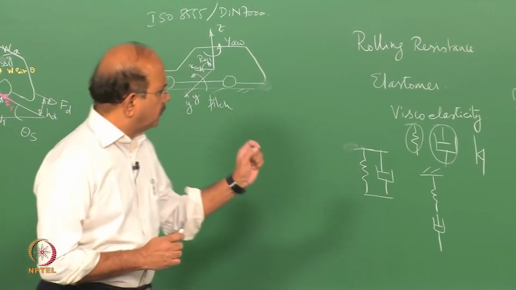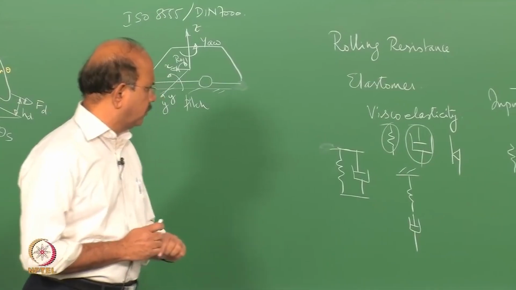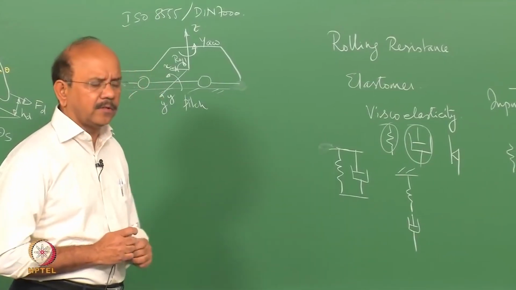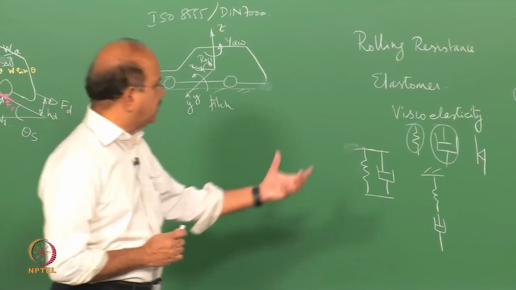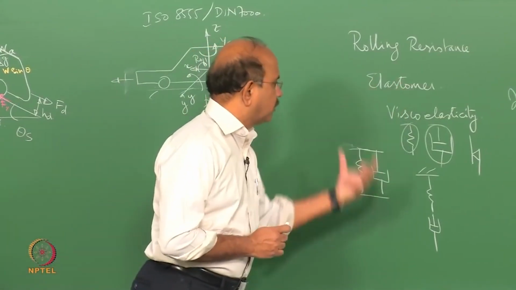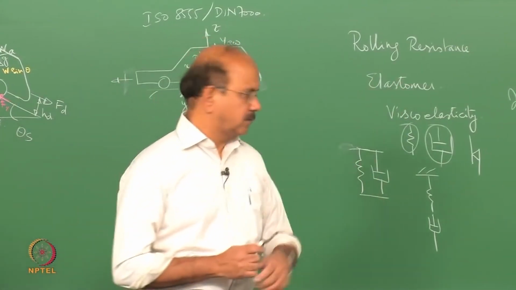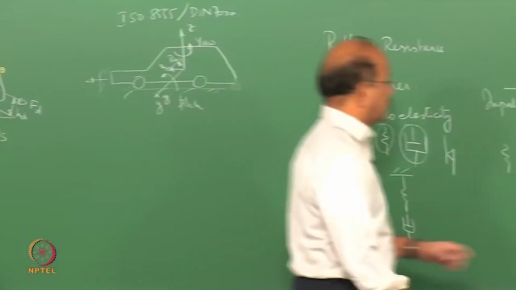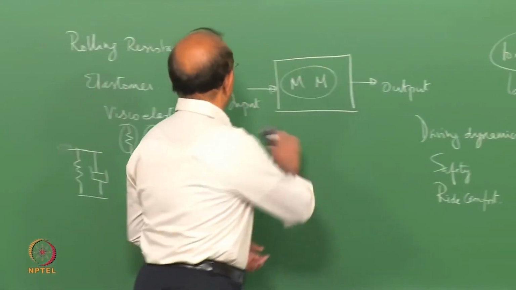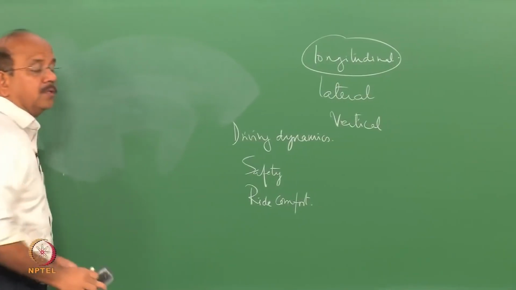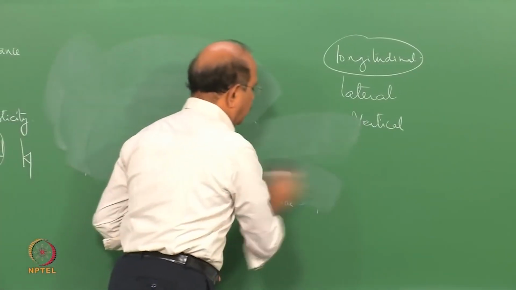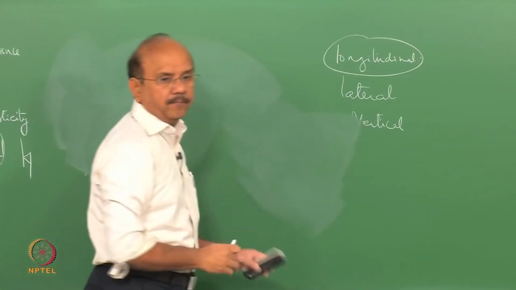Clear? Now, we are not going into this, as I told you, into the characteristics, and I am not going to write down equations here. We will understand only the elastomer part in this case. Maybe pass a comment afterwards about this friction and why friction is used to model what we call as plasticity.